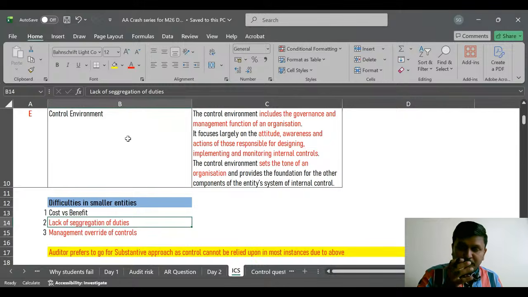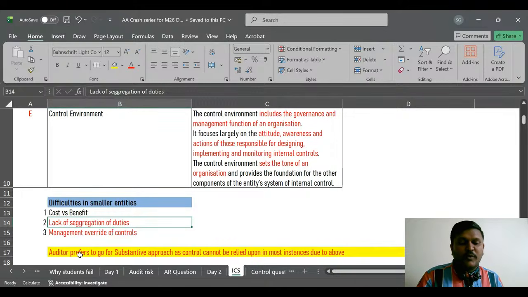And since most of these small entities are owner managed, there is always a likelihood of management override of controls. Meaning, even if the controls are effective, the management might override them, so in effect they become ineffective. And cost versus benefit will deter someone from applying internal controls on small entities as well. That could be the particular problem.